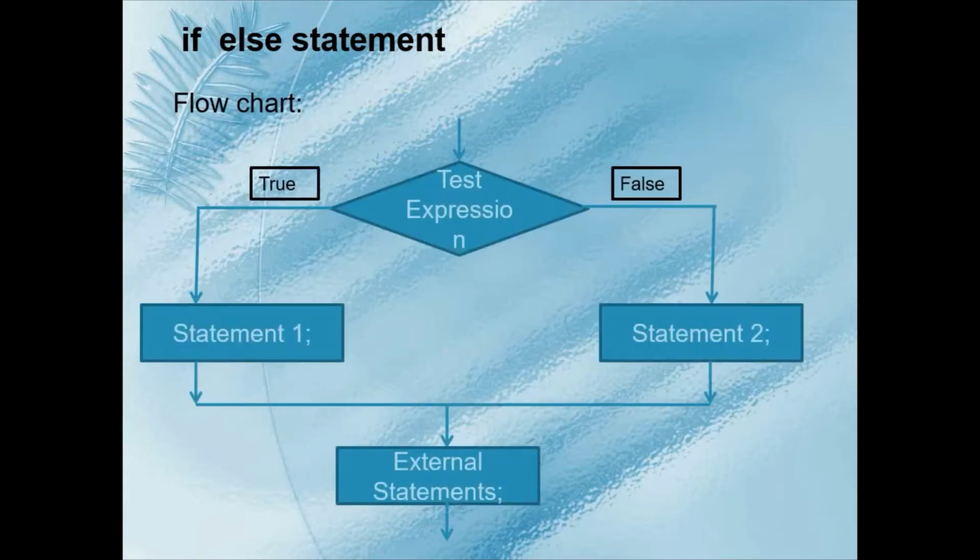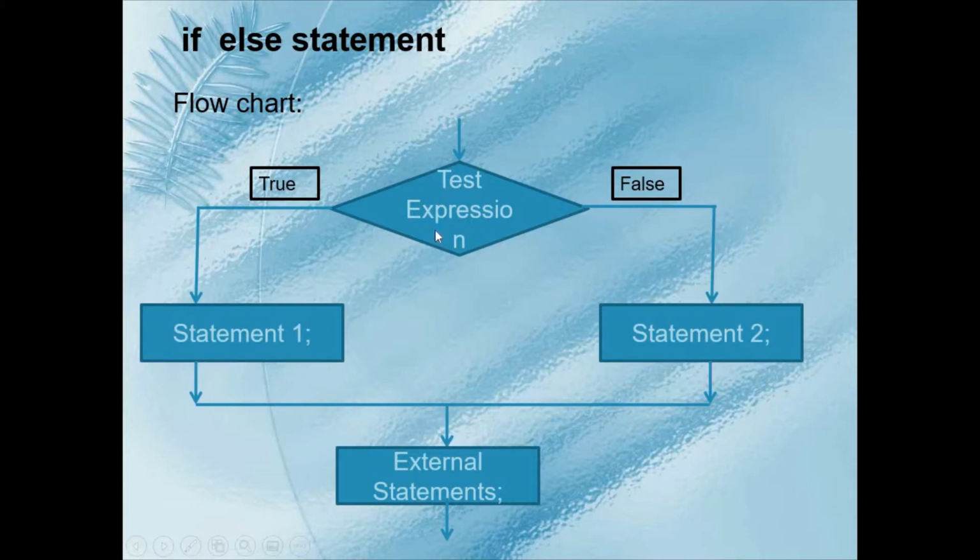The syntax of if-else statement is shown in the form of a flowchart on this slide. We have the test expression. When this expression is true, it follows this path and executes the block of statements present here, and after executing this, it comes to the statements outside the if statement.